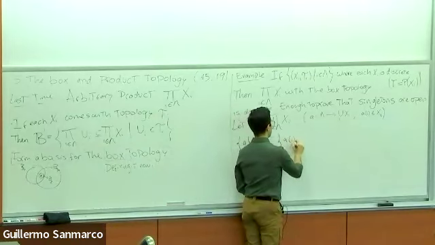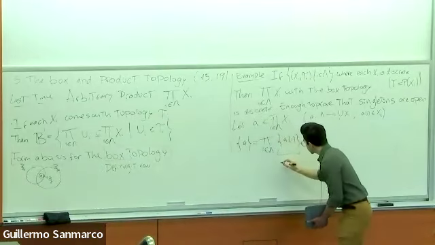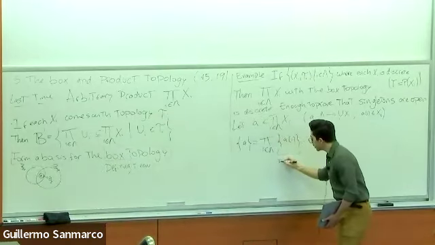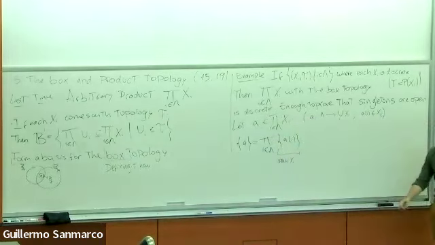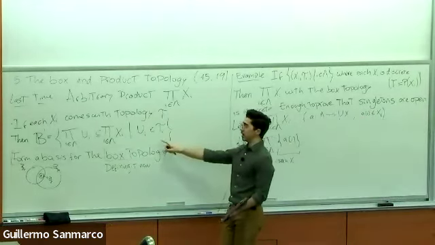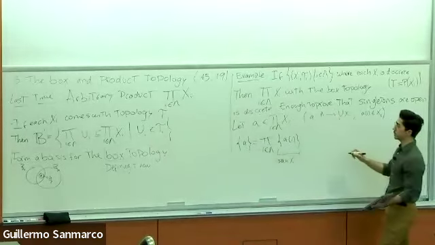Take the ith coordinate here. So this singleton set is open in Xi because everything in Xi is open because it's discrete. So this is an element of the box basis. So of course it's an element of the box topology.